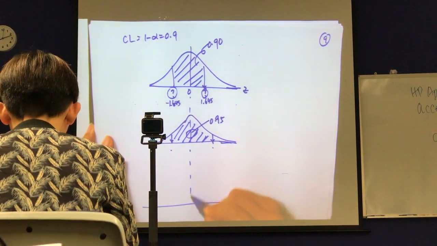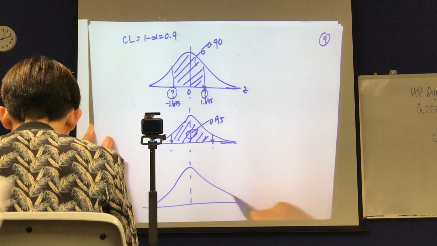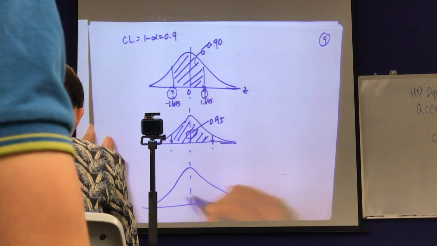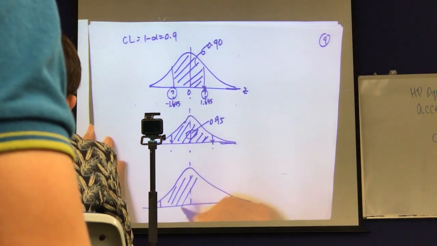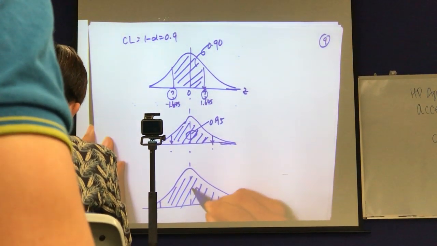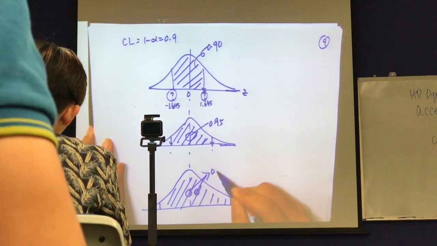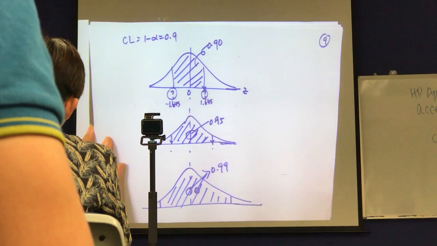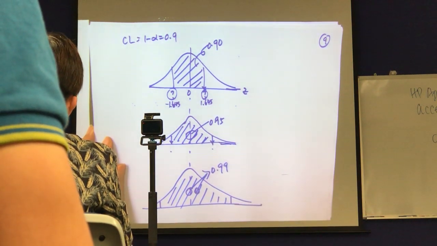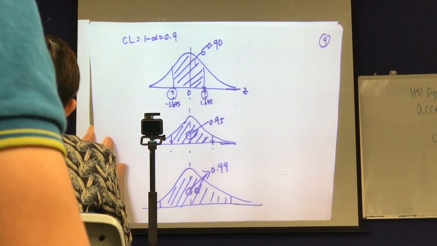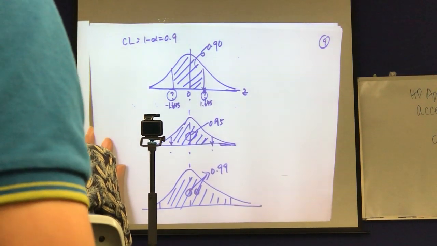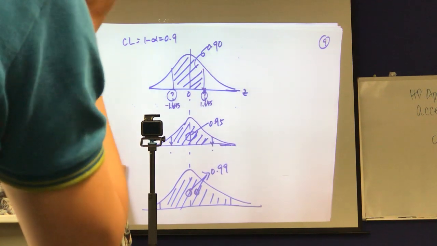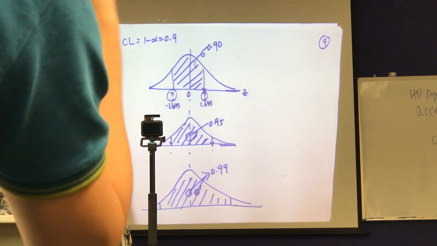And lastly, 99% will be very far ahead. 1.645 is not 95%, right? 1.645 is 90%. Not 95%. See carefully. Your calculation, remember, big left.